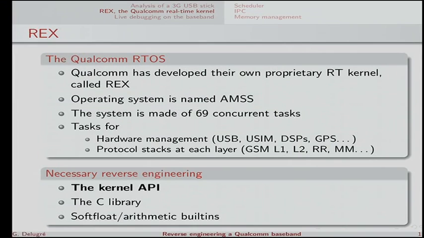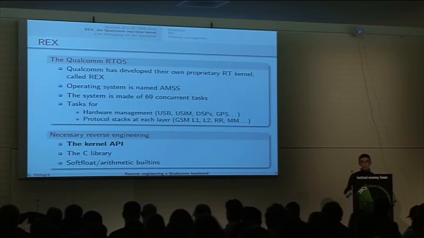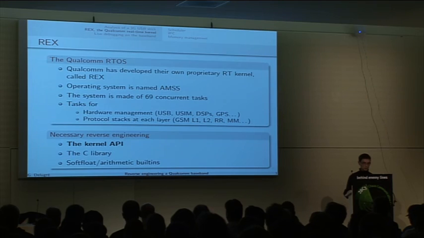You can see directly that the system is made of approximately 70 tasks running concurrently in the baseband, and each task has a different purpose. There are some tasks for handling the hardware, like the USB, the USIM, the DSPs, and so on. And you've also got one task for each protocol stack at each layer, such as L1, L2, or RMM, for the W-CDMA, and so on.